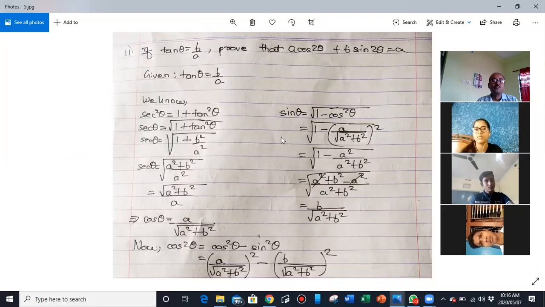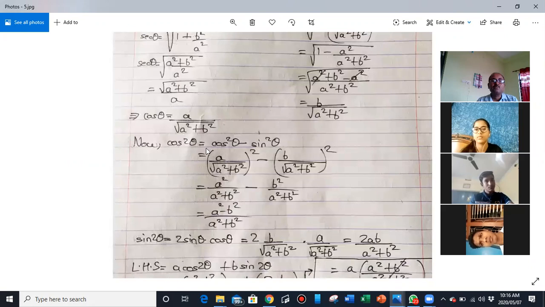Now let us move. Cos 2 theta equals cos square theta minus sin square theta. This formula we know. Here, this is the square of cos theta, this is the square of sin theta. If we do the square, a becomes a square, and the root is removed from the denominator.